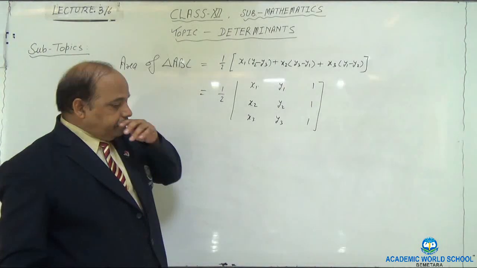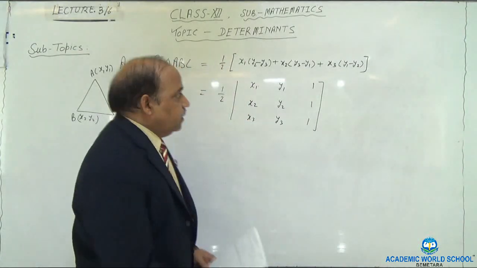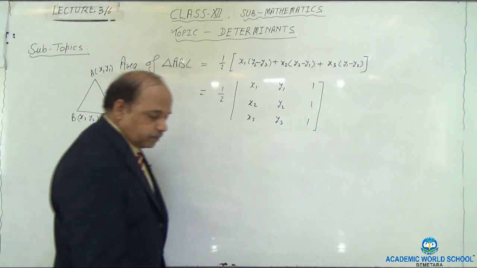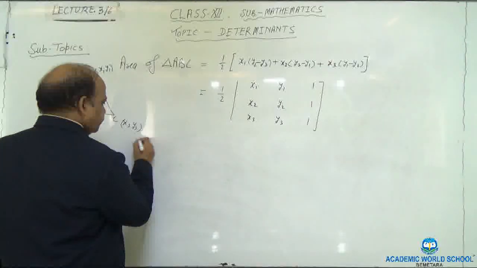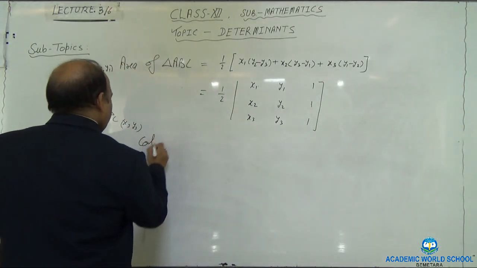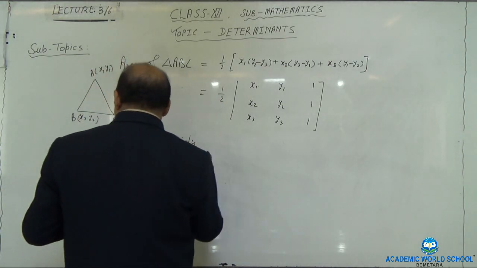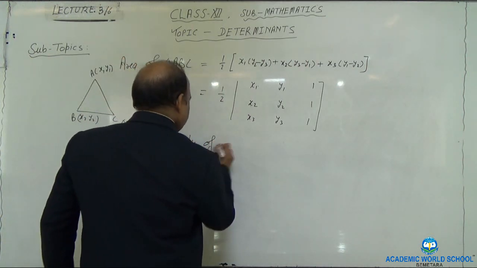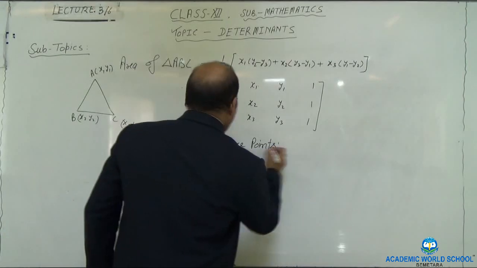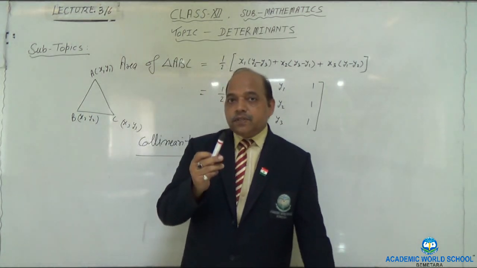Fine. And now from here itself, one more thing we can write. We will take up one question. But before that, let me explain one more thing. In grade 10th, there was a question.